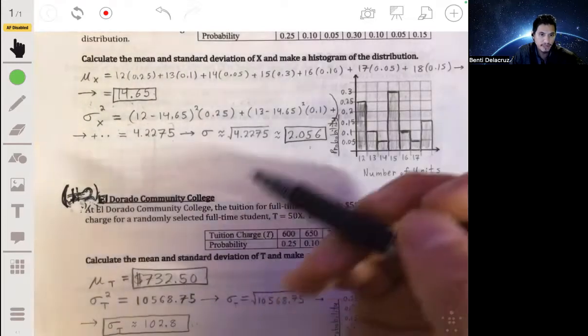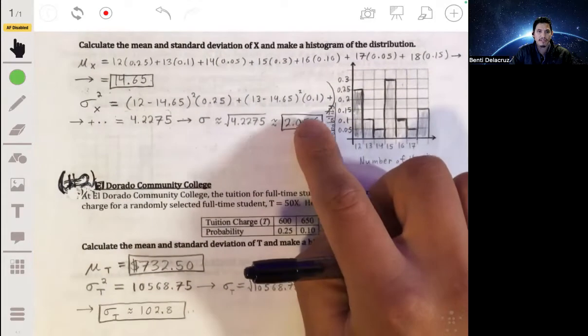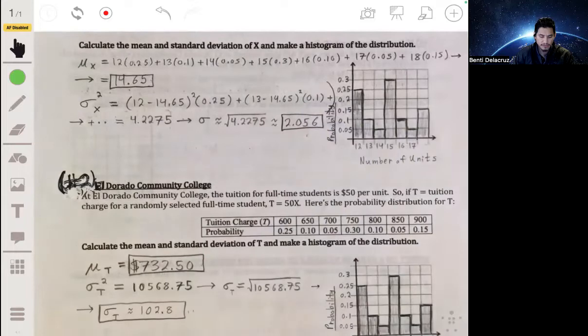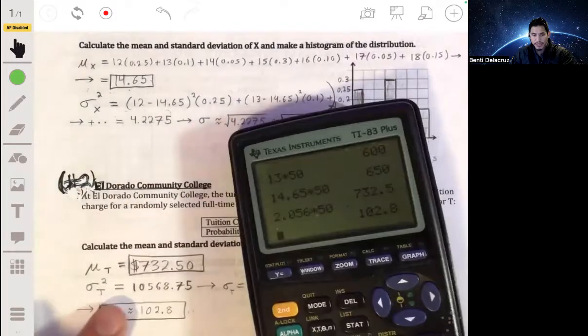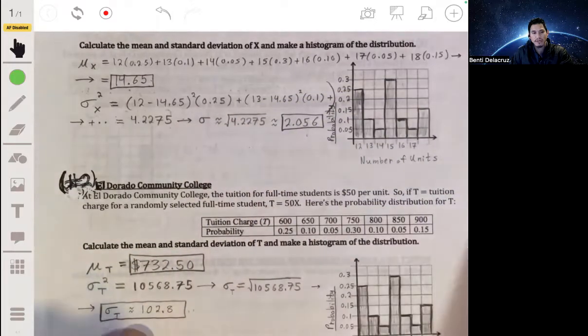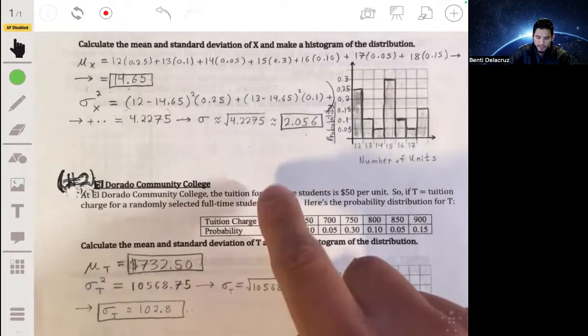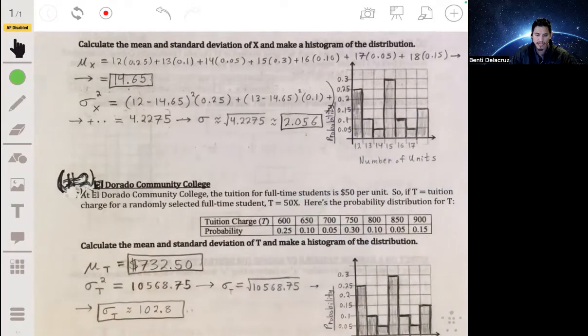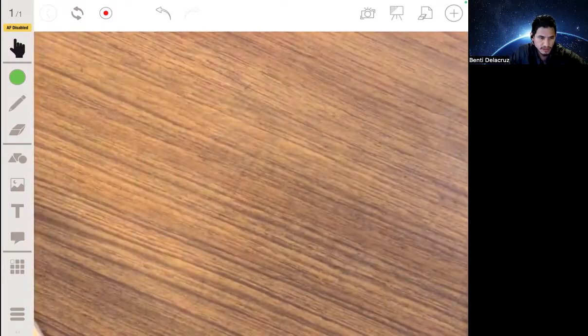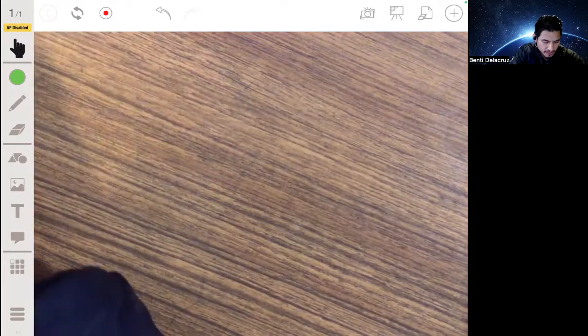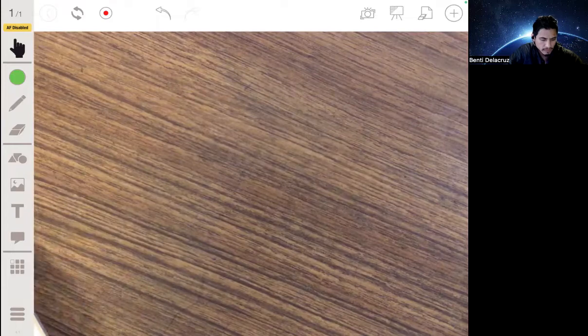And you can even apply this to the standard deviation. You take the standard deviation of X, 2.056, and multiply that by 50, and you're going to get the standard deviation of T, so 102.8. So you can use this as a shortcut per se, but make sure you understand the concept. So let's go to the next page and let's write these notes formally.